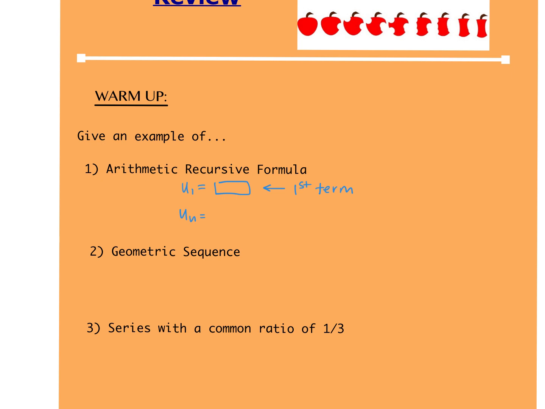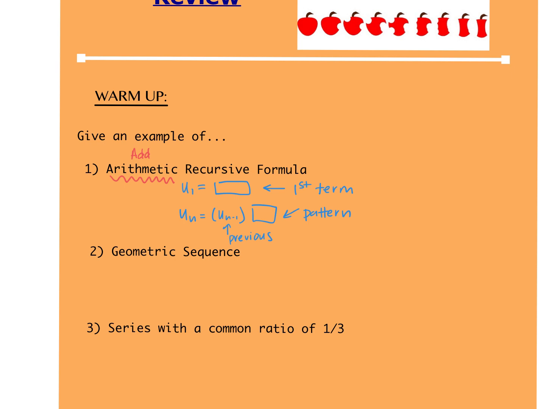And again, our pattern is always about how do we get the next item or the next term in this sequence. So in the pattern portion, we're going to describe what happens to that previous term. U(n minus 1) is the previous term. Okay, and then we need the pattern after it. Since we are being asked to write one for an arithmetic scenario, our pattern needs to involve adding or subtracting, which really is adding.